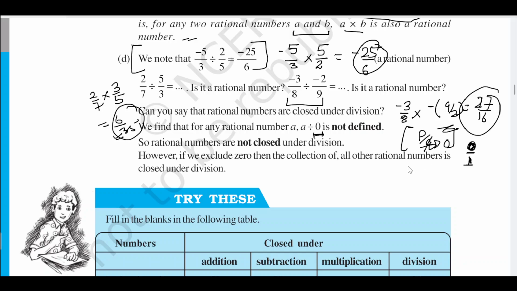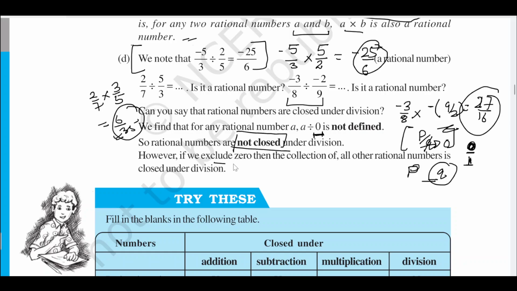So we can say if P is a rational number, it can be divided by any rational number except 0. So the closure property will follow for all other rational numbers except 0 as a denominator. So rational numbers are not closed under division.